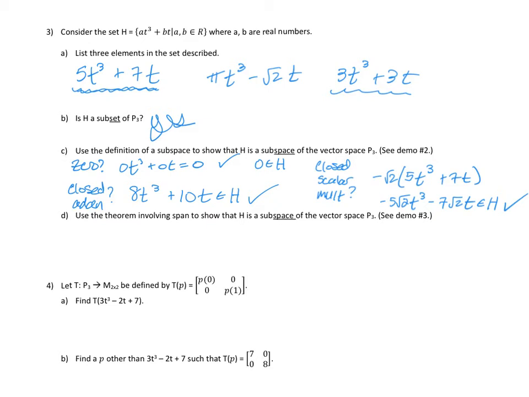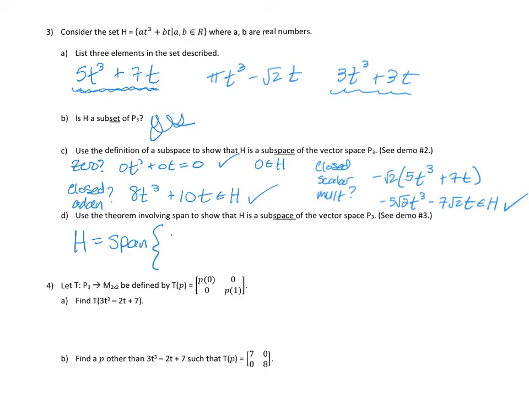Now we're supposed to prove this again, that H is a subspace of the vector space P3. But this time we're supposed to use the theorem involving span to show that H is a subspace of the vector space P3. So that says that if you can write H as the span of elements from P3, the span of some elements that live in P3, then it's a subspace. So I want to write H as the span of some things that live in P3.